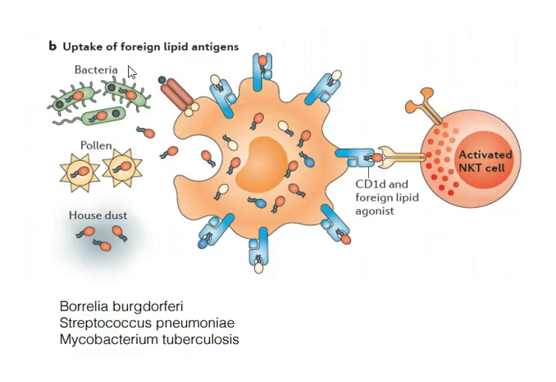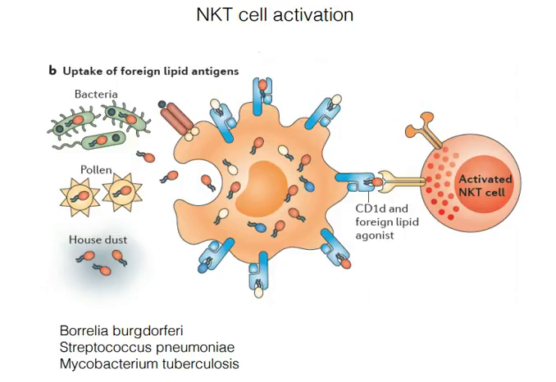So how will NKT cell activation take place? So our antigen-presenting cell or dendritic cell will internalise the bacteria and then present the lipids onto CD1. So the dendritic cell will uptake the bacteria, internalise it, and then present the bacteria's lipids onto the CD1, and then present it to an NKT cell.